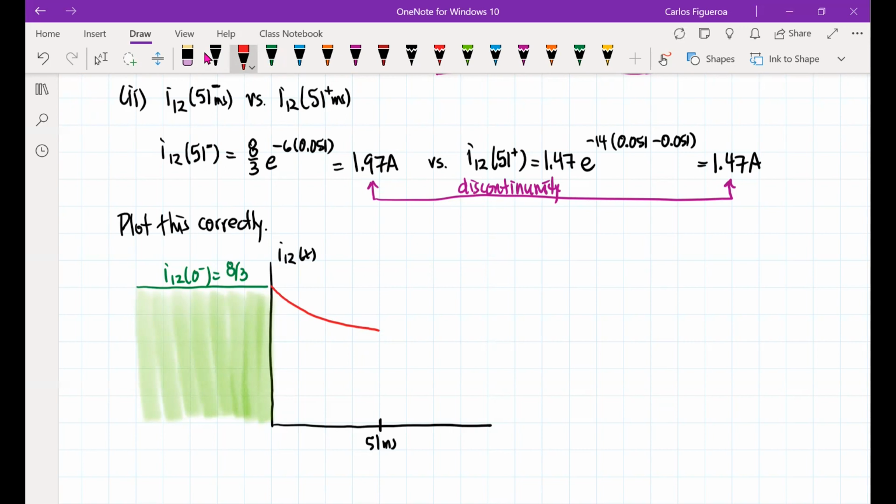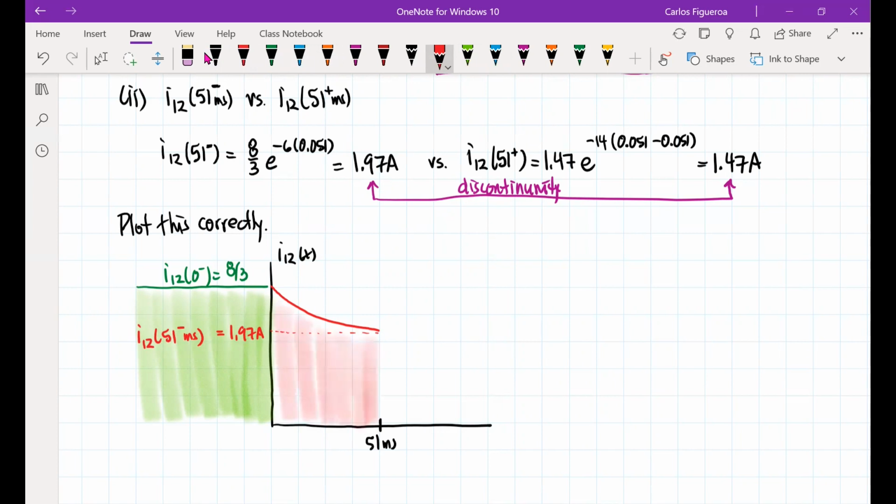1.97 amps. So that means that if I look at this right here, this is 1.97 amps. And this is really I12 at 51 minus milliseconds. Okay, so you're seeing here that there is a decay that's occurring right in here.